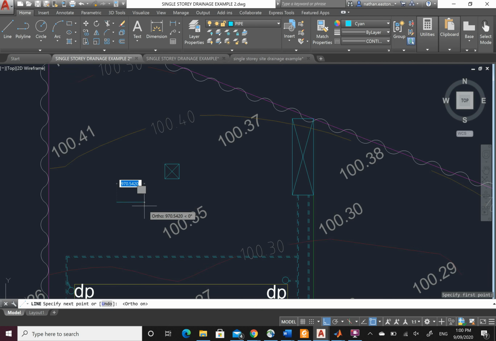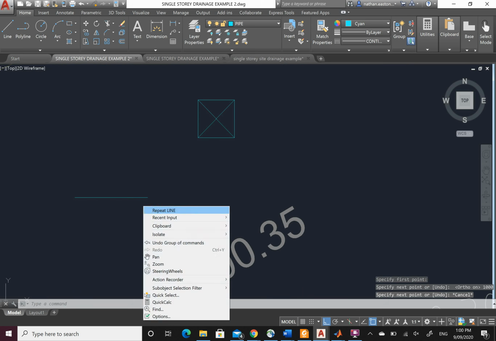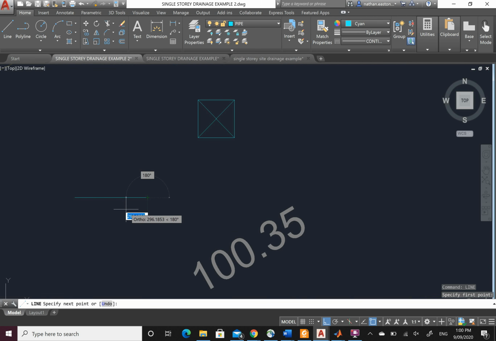So to draw some arrows in, let's say 1,000. Let's come back by 250. Rotate at 45. Mirror about this axis.